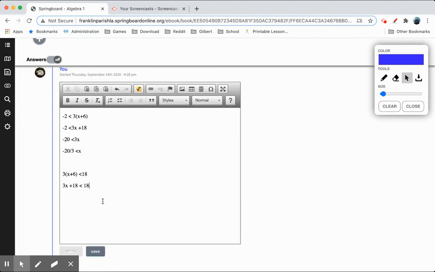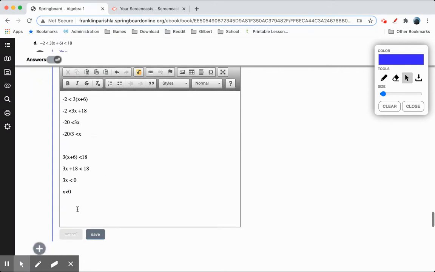Subtract 18 from both sides, and you get 3x is less than 0. 18 minus 18, and then divide both sides by 3, and you get x is less than 0. 0 divided by 3 is 0. So we have it's less than negative 20 thirds and less than 0.